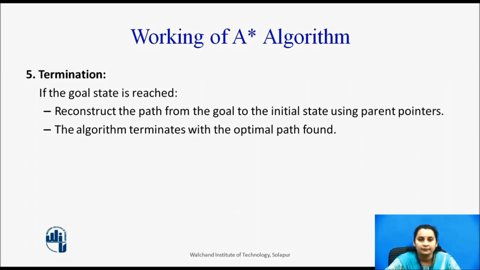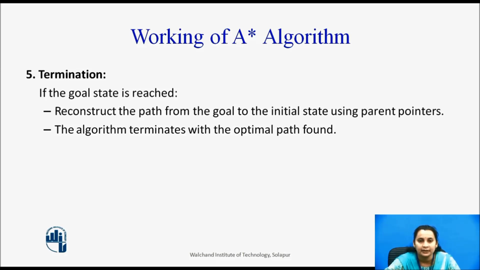At termination, when we stop exploration, if the goal state is reached, reconstruct the path from the goal state to the initial state using parent pointers. Suppose at any step we reach the goal state, in that case we stop, and we backtrack through the parents until we reach the initial node, and that will be our path.